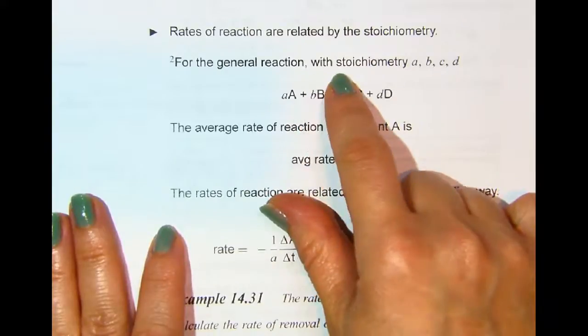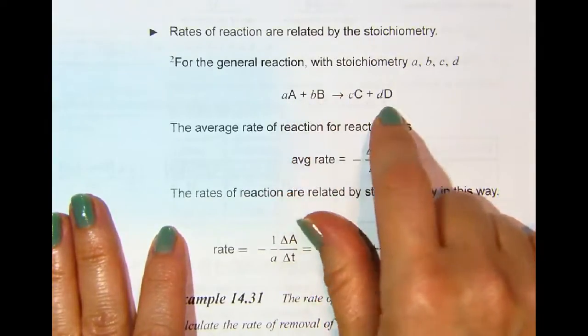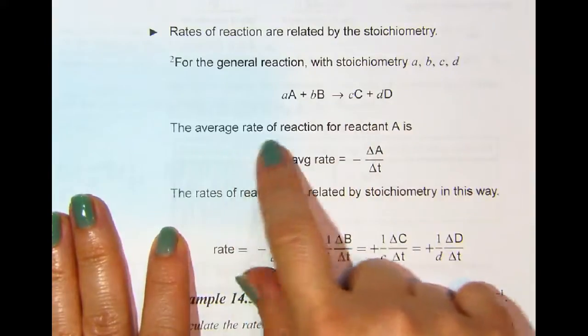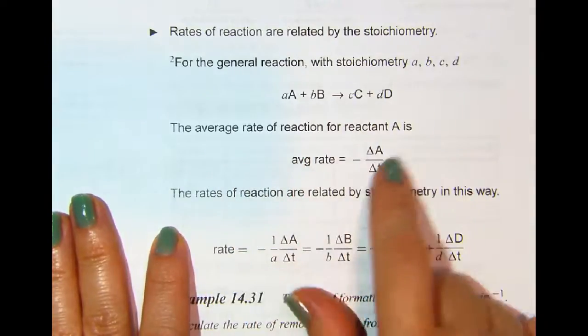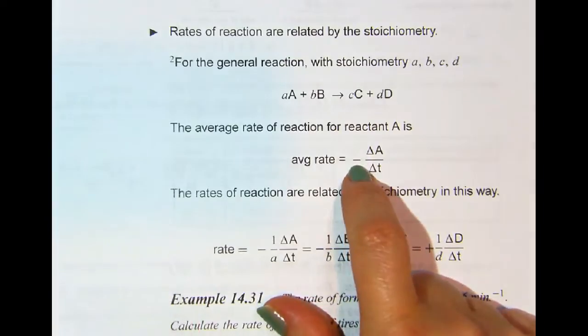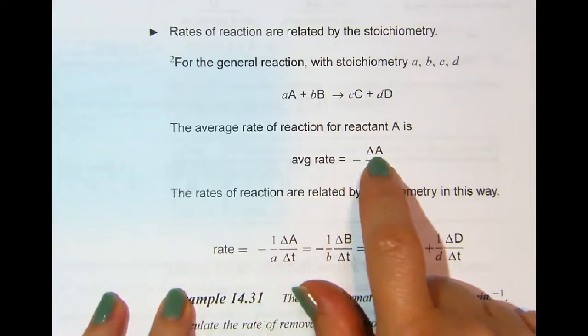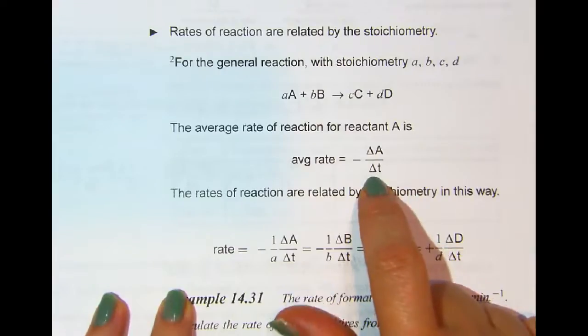For the general reaction as follows, A, B, C, and D, the coefficients represent the stoichiometry. The average rate of reaction for reactant A would be equal to the change in the moles of A divided by the change in time, with a sign only to represent that it's disappearing, not necessarily that it's a negative value.